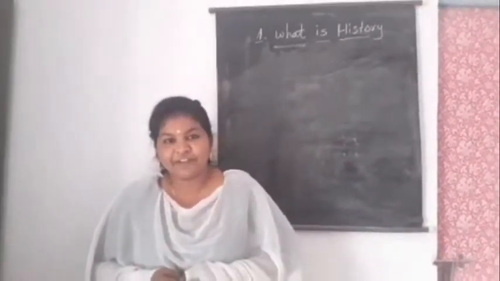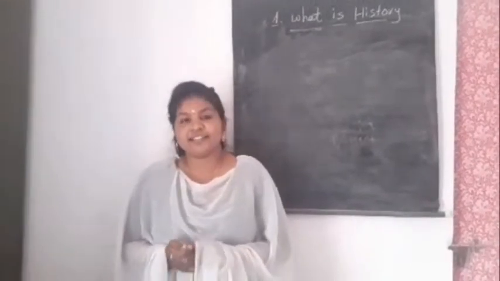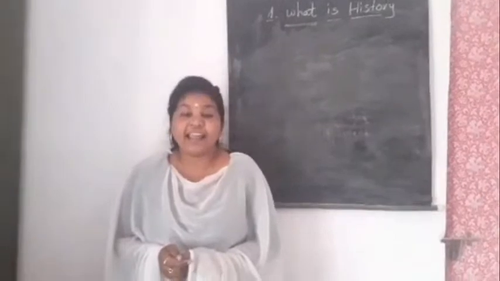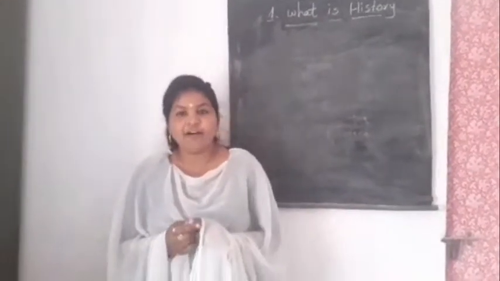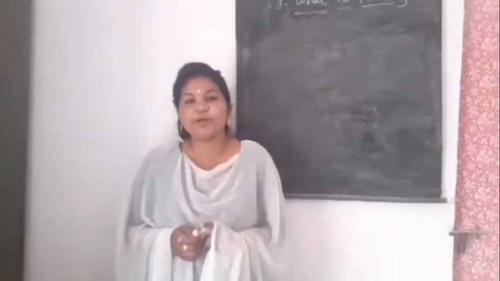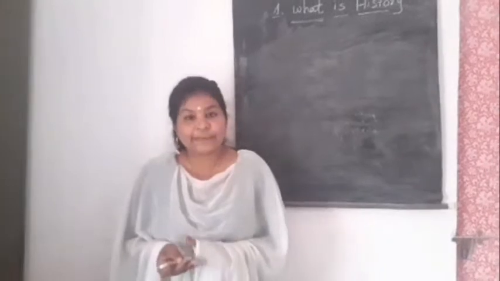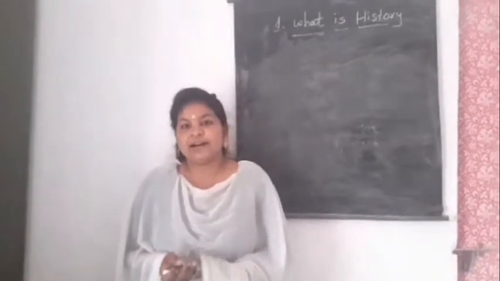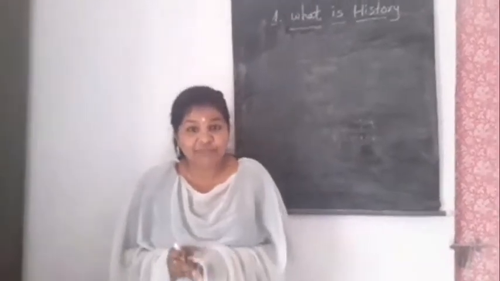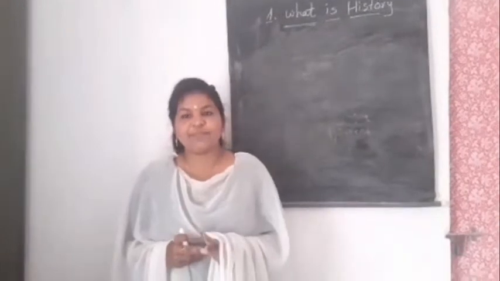Definition of history. Definition: History, the study of human experience through an analysis of the past actuality. What is the definition in the textbook? History, the study of human experience through an analysis of the past actuality. Actuality spelling: A-C-T-U-A-L-I-T-Y.